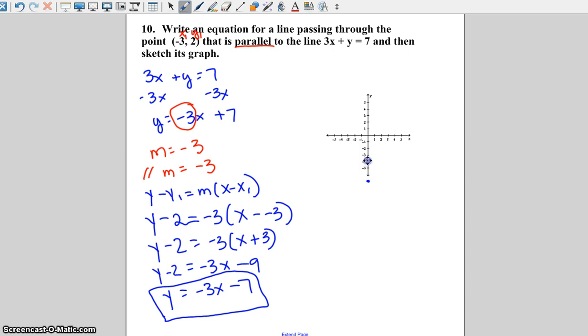So we can go up 3 and left 1, and then draw our line. There we go.